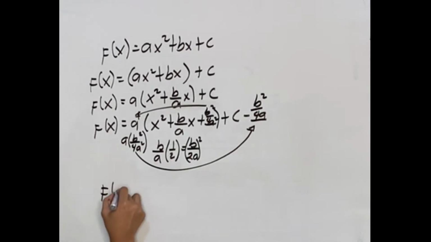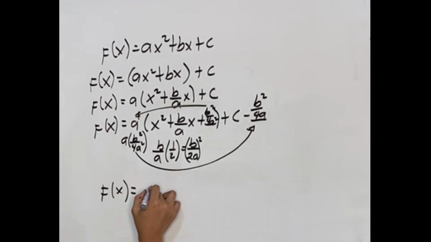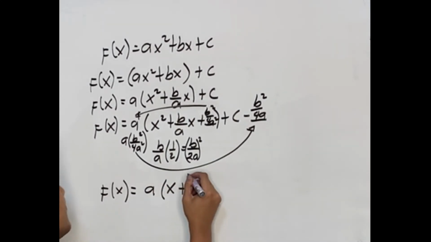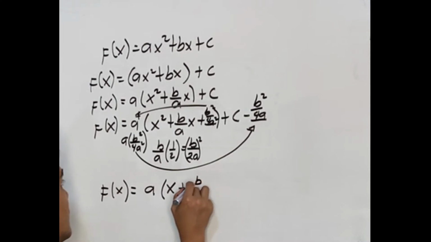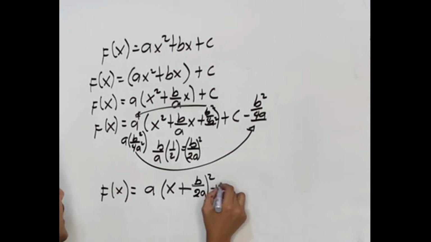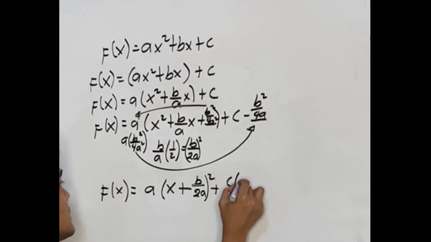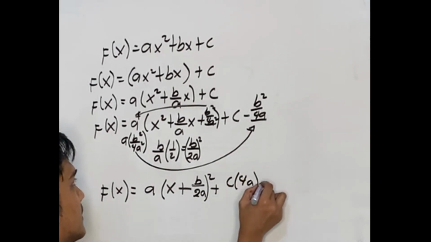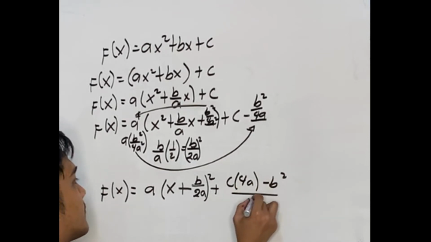Continuing our solution, it will become f of x is equal to a times the square of the binomial x plus b over 2a squared plus c times 4a minus b squared over 4a.